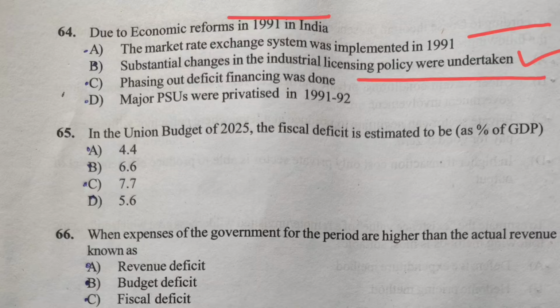So it was made easy to get licenses. That was one of the achievements of the economic reform. So I will go for B option. Phasing out the deficit financing was done. Major PSUs were privatized in 1991. So the closest answer should be B option.